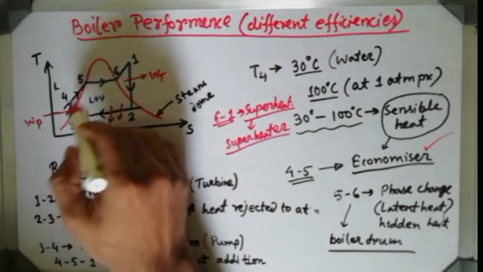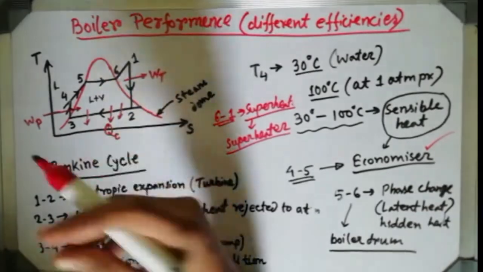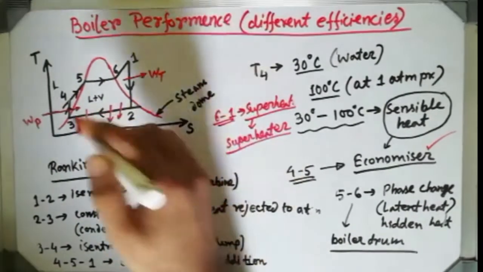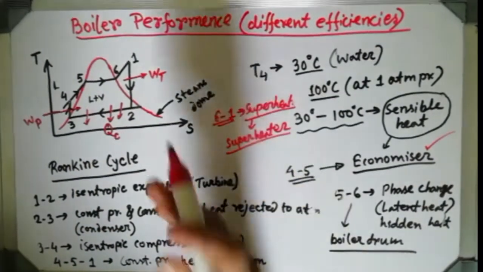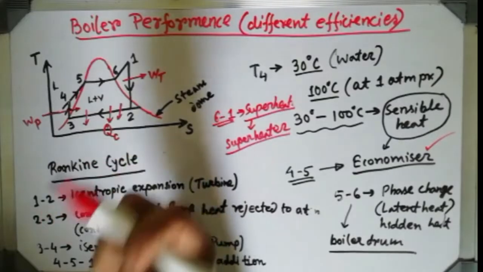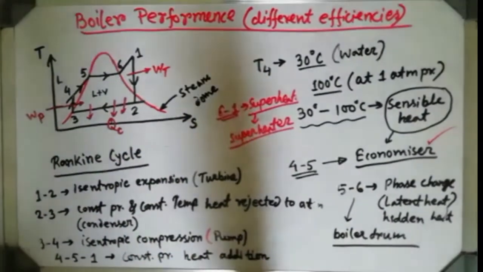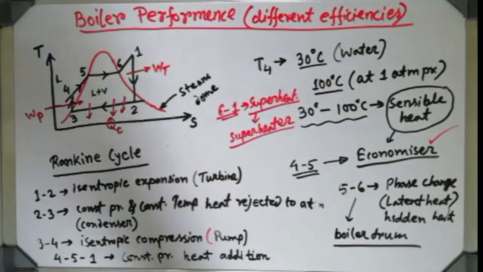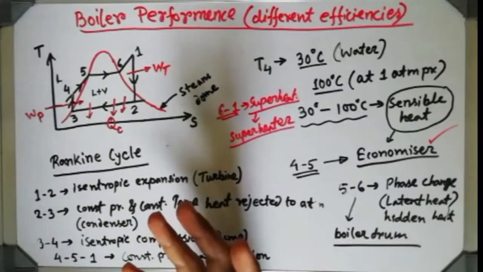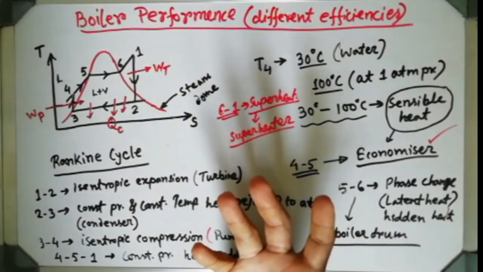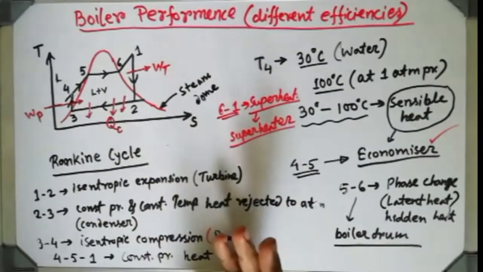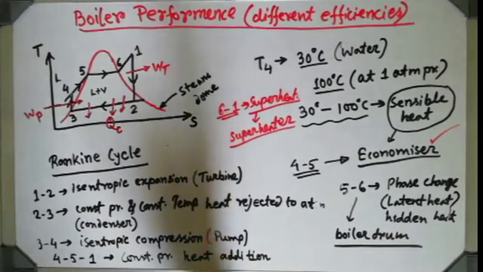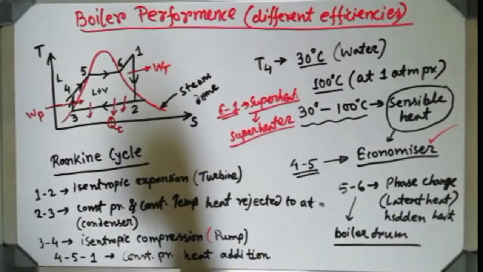Complete this 4 to 1 process in terms of heat supply, we can say heat is always being supplied to the working fluid, isn't it? Always the working fluid is gaining some heat. We are only concentrating on the working fluid. Working fluid means the water, or it may be gaseous steam, it may be liquid state water, it may be a mixture of liquid and gaseous state, or it can be fully gaseous state, that is water vapor.